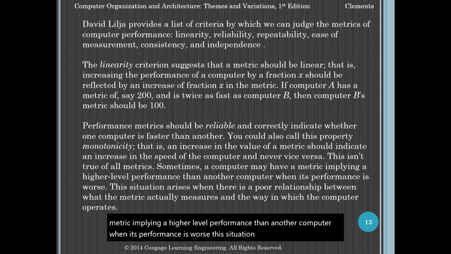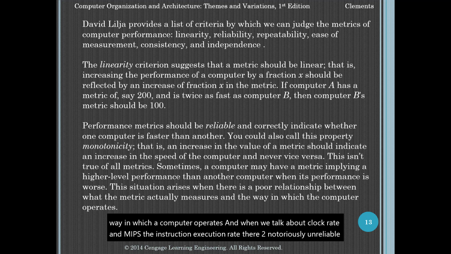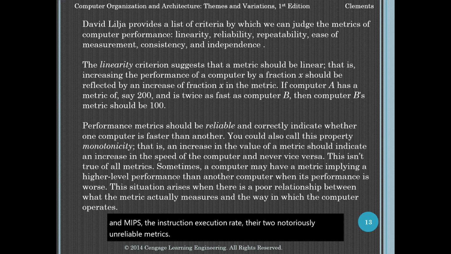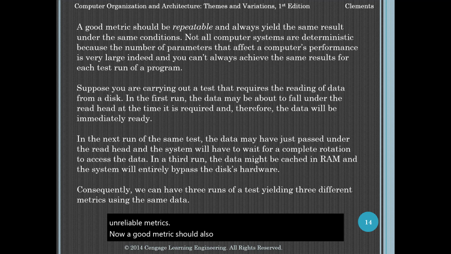This situation arises when there's a poor relationship between what the metric actually measures and the way in which a computer operates. And when we talk about clock rate and MIPS, the instruction execution rate, they're two notoriously unreliable metrics.